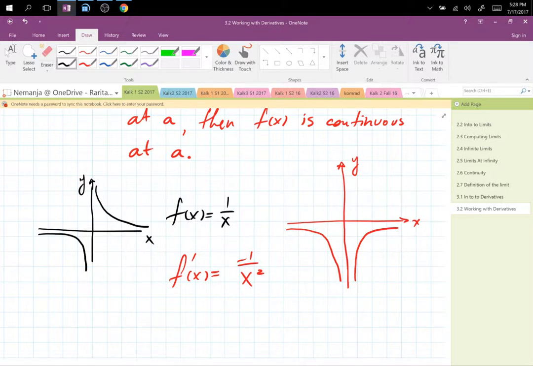And so now if you try to flip this around, it's not going to work because you have continuous functions which are not differentiable. For instance, absolute value of x is not differentiable at 0. It's a continuous function.